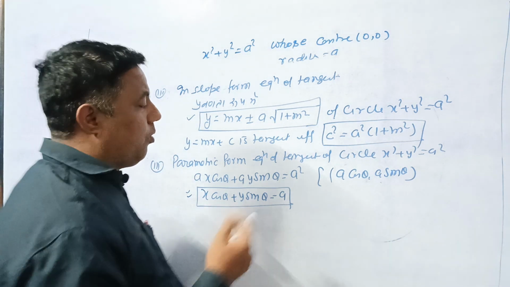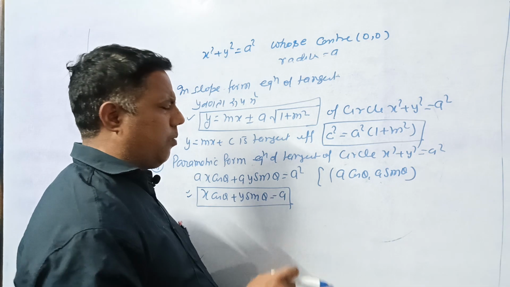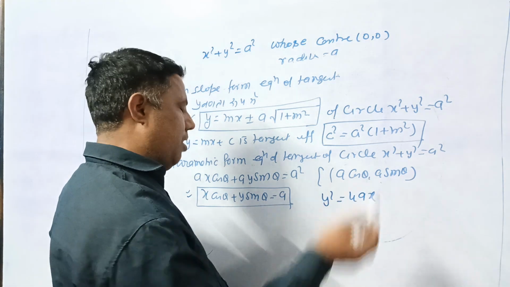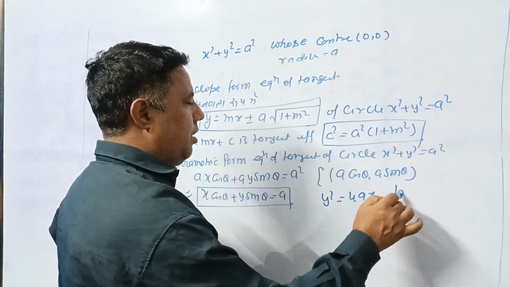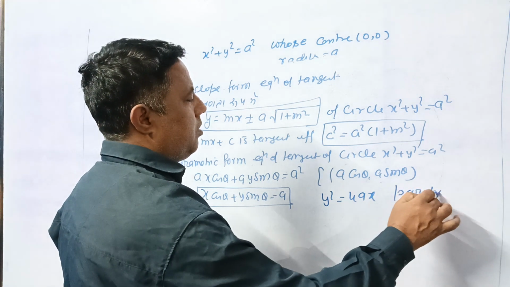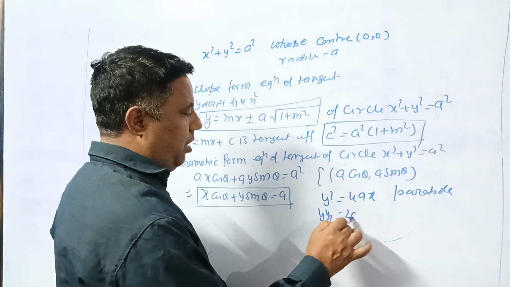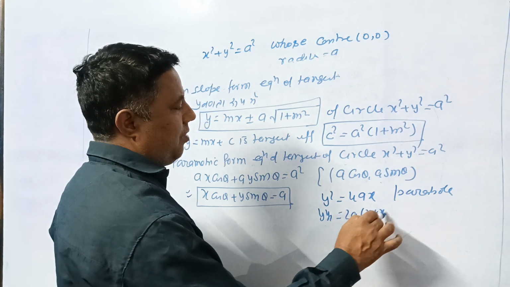And if you are going to write any tangent of a further curve, suppose y square equal to 4ax, a parabola, then easily we can say y y1 equal to 2a (x plus x1).